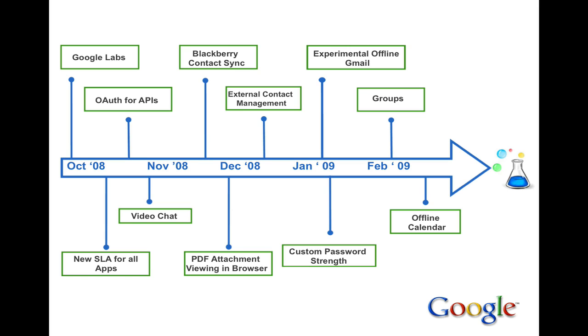This is a snapshot of a 5-month period and just an example of a few features we launched. We launched over 300 features last year, and you have access to the thousands of engineers working on Google Apps regularly. So when you're using Google Apps Education Edition, you are constantly getting the latest and greatest features and functionalities that we provide to both consumers, our paid customers, and our Education Edition users.